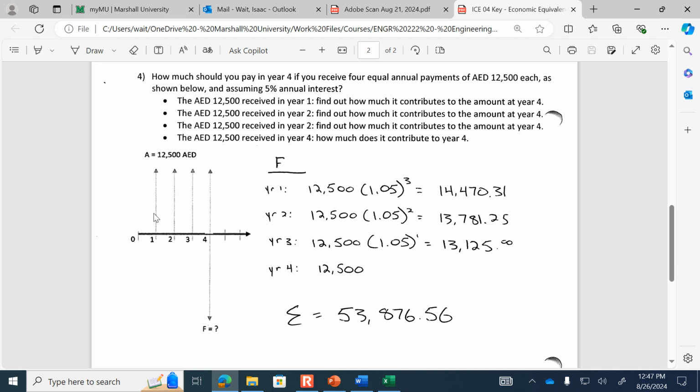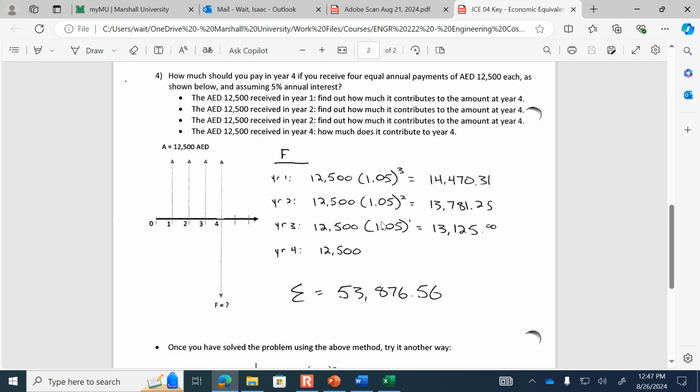So it hasn't compounded as many years, and so that's why the amount is less compared to the amount that was at year 1. So this amount at year 3 is just moving a single year to get to year 4. And then the amount that's at year 4 doesn't experience any compounding. So we don't have to account for the interest that's earned at year 4 because it's in the same year as that lump sum. So 53,876 and 56 cents.